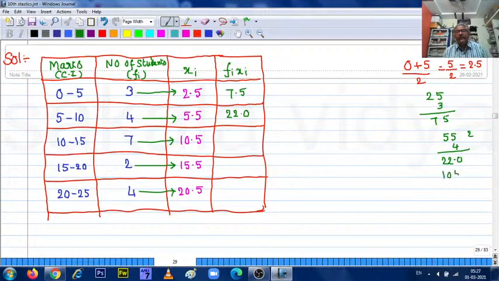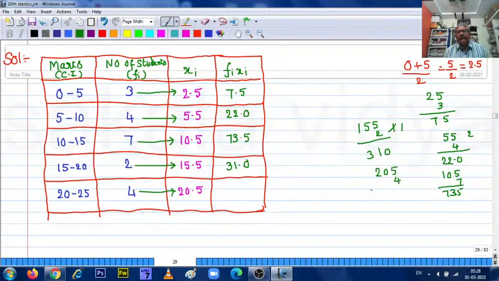Next 105 multiplied by 7: 735, with 1 point, 73.5. Next 155 into 2: 310, that is 31.0. Now 205 multiplied by 4: 820, so this will be 82.0.